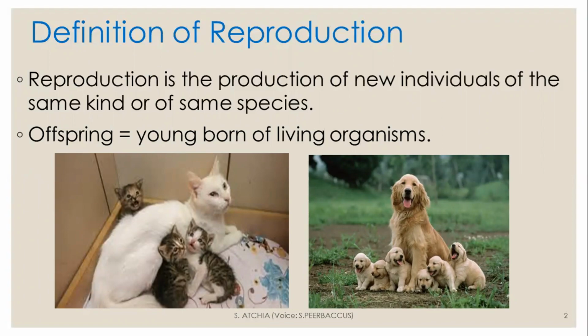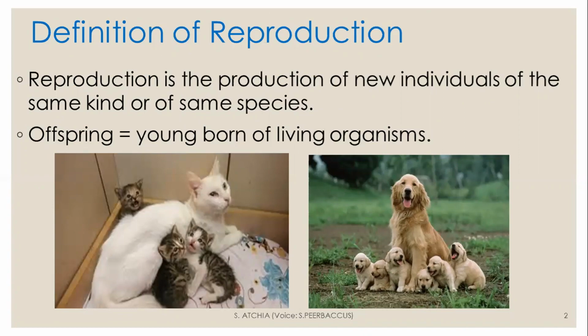So here we come to the definition of the word species. Species means a group of organisms which have characteristics similar to each other and most importantly have the ability to produce fertile offsprings, which will in turn produce individuals of the same kind when they have reached maturity.